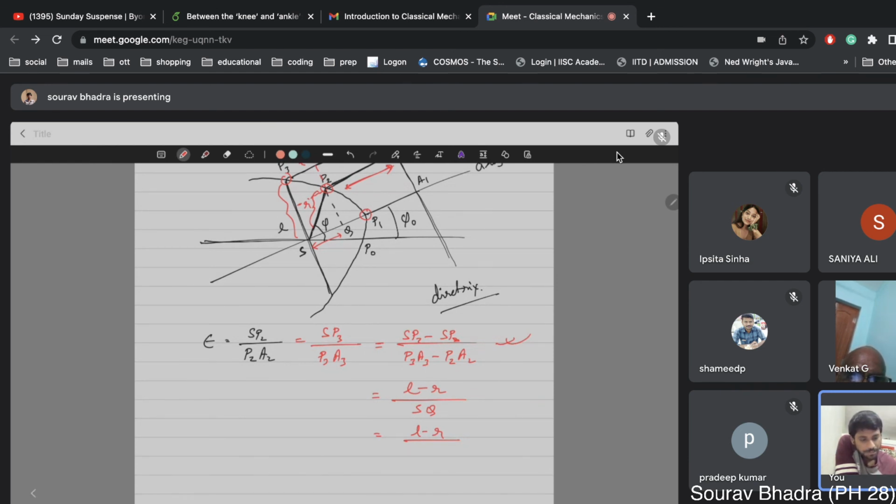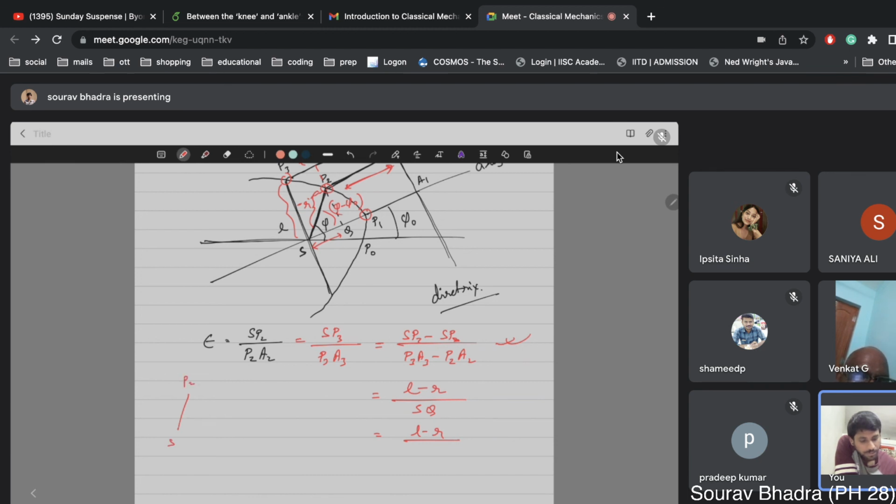And this SQ you can write as follows. If SP2 is R, and the angle between this SP2 and our chosen coordinate system is phi, and the tilting is phi 0, that means this angle will be phi minus phi 0. Okay, so let me draw it.